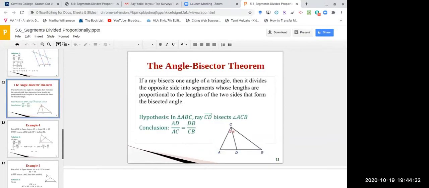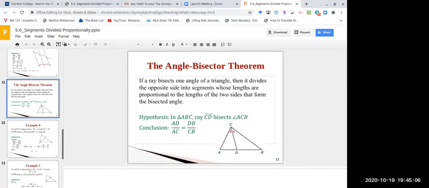Remember, to bisect is to cut in half in equal parts. If a ray bisects one angle of a triangle, then it divides the opposite side into segments whose lengths are proportional to the length of the two sides that form the bisected angle. What does that mean? That means that in this case, AD and AC are proportional to each other.